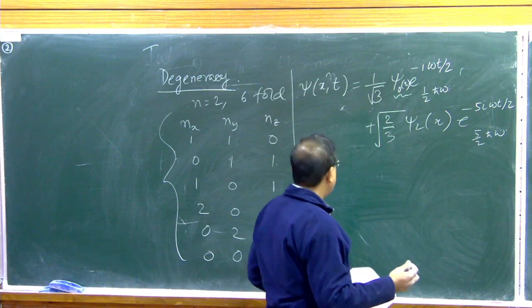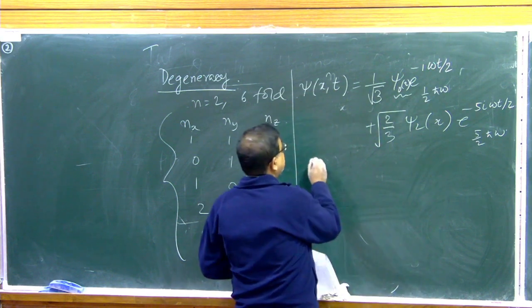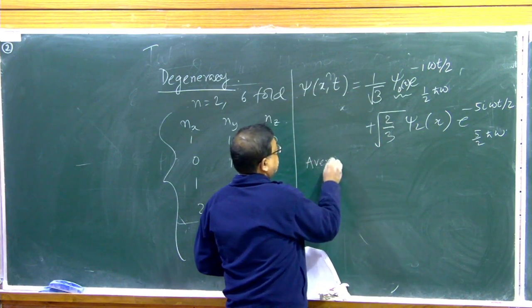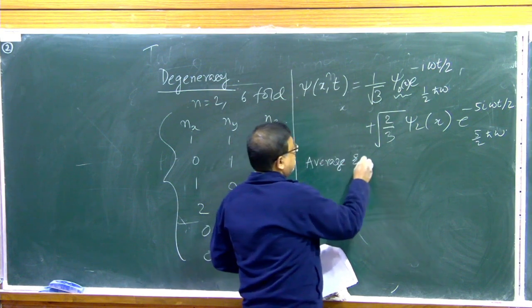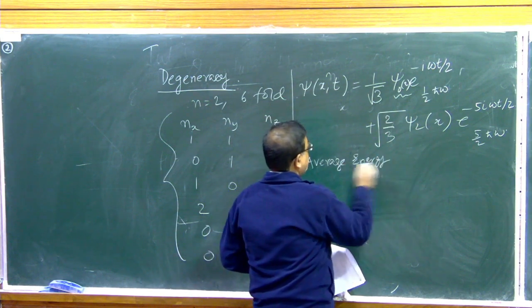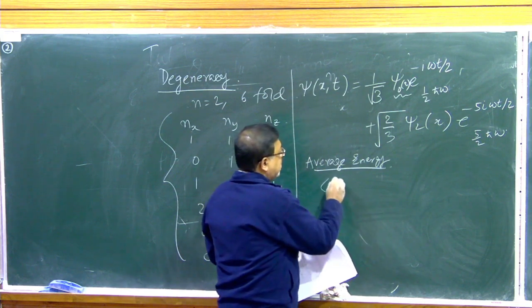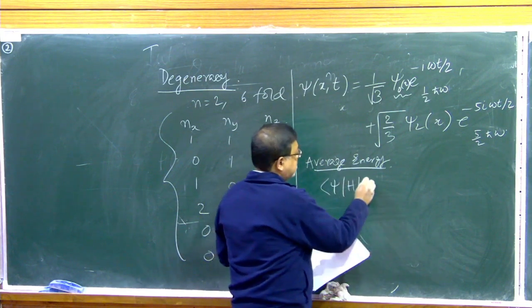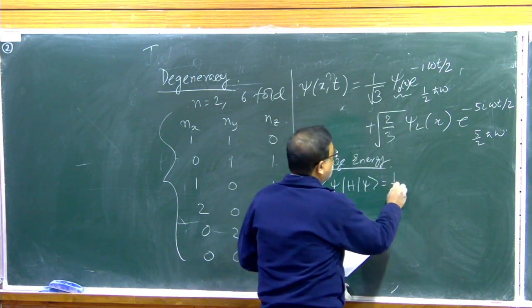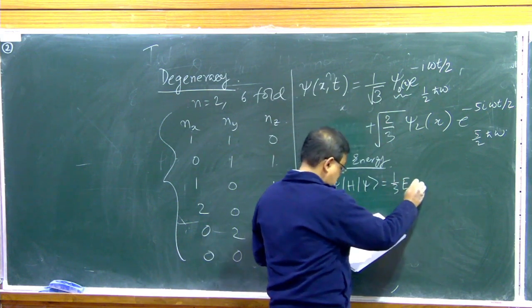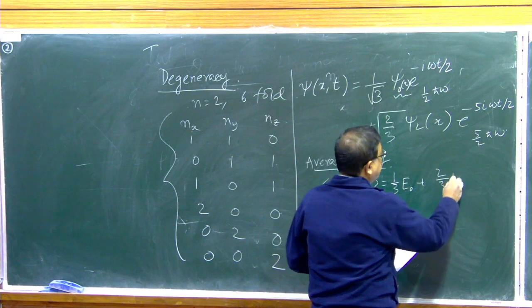Another very important question is, what is the average energy? The average energy is given by the expectation of H in psi, equal to 1/3 E0 plus 2/3 E2.